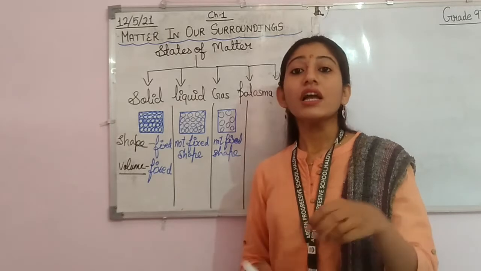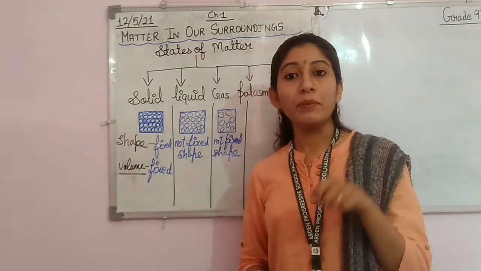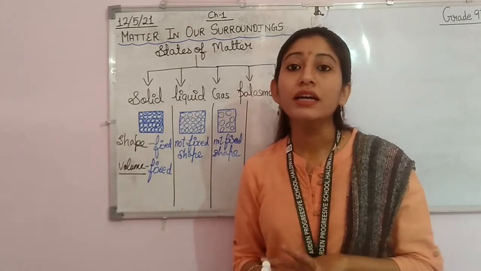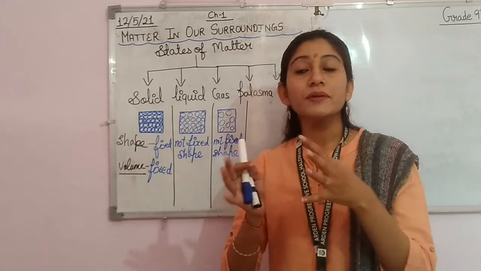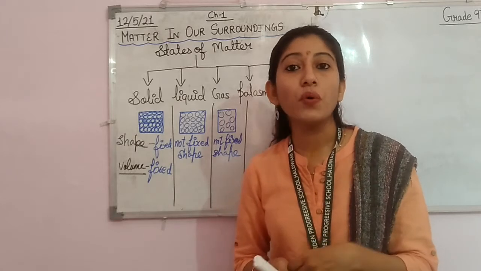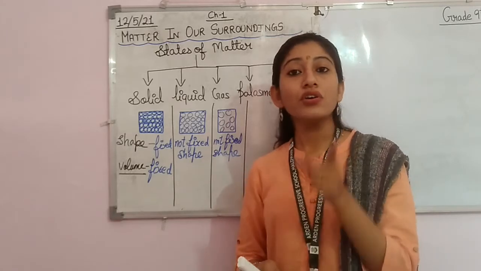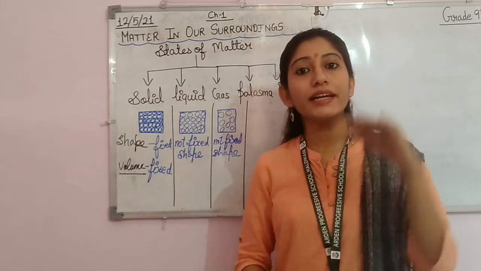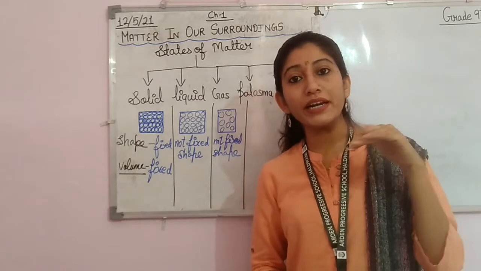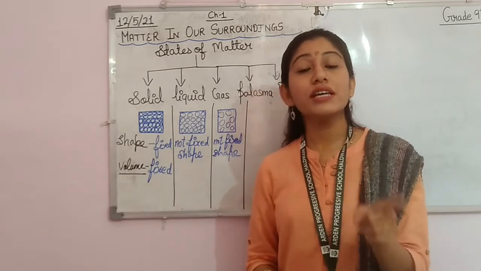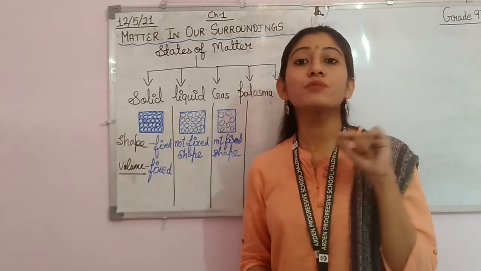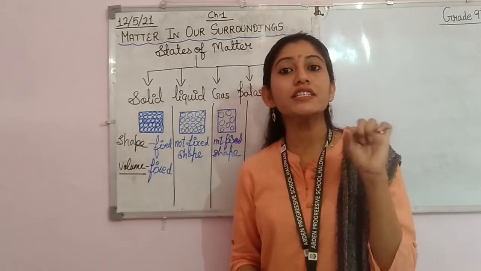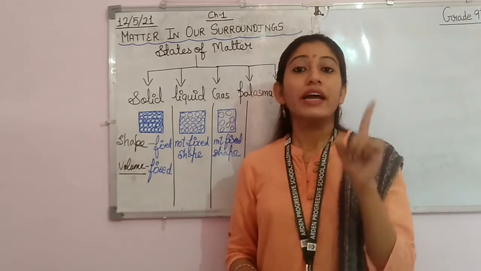Suppose you have a bucket and you have filled it completely. Suppose the capacity of the bucket is to hold 3 liters of water. Now you are pouring that 3 liters of water into a 10 liter container. It doesn't mean that the 10 liter container will fill completely. No. Why? Because the property of the liquid is that its volume is fixed.